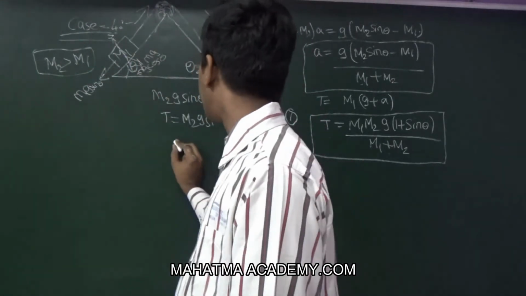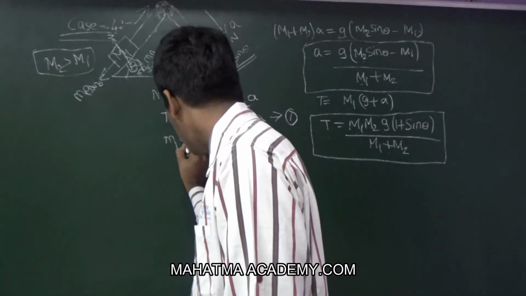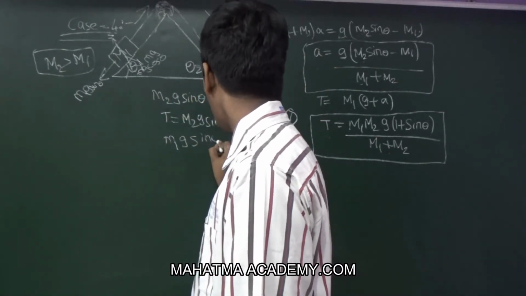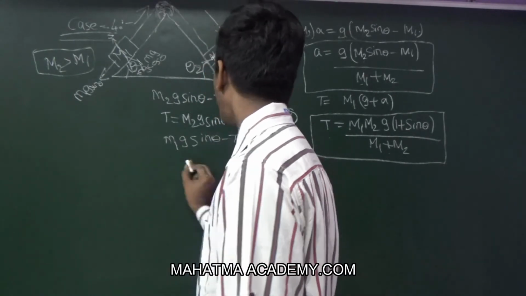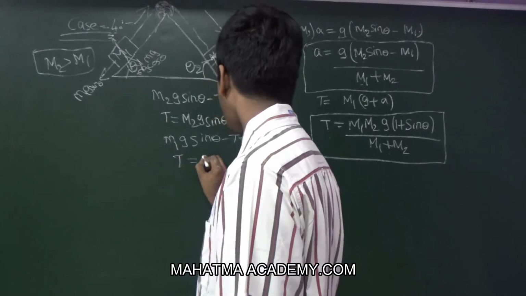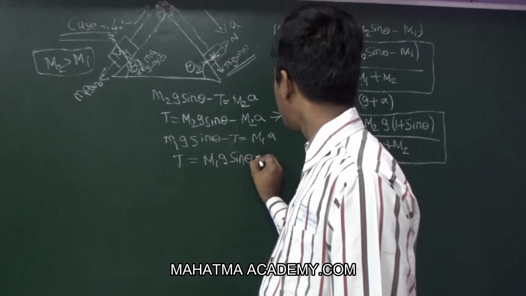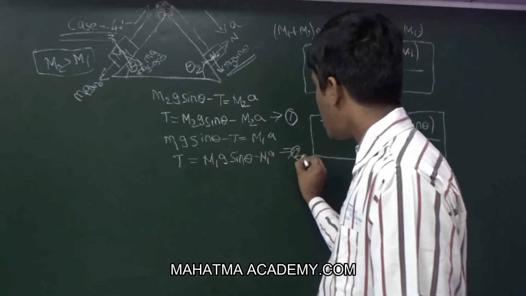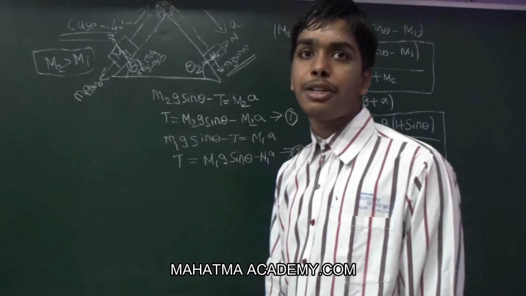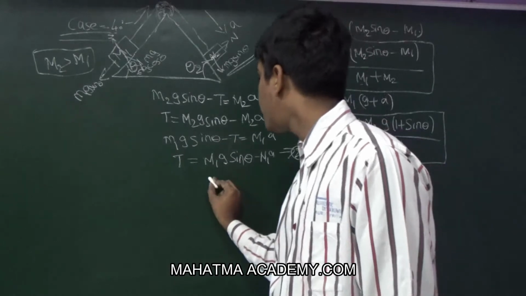Now the tension T2 will become M1g sin theta minus tension is equal to M1 into a. Now the tension will become M1g sin theta minus M1a. It is taken as 2. Now if you want to find the acceleration, we will equate these and we get the acceleration.